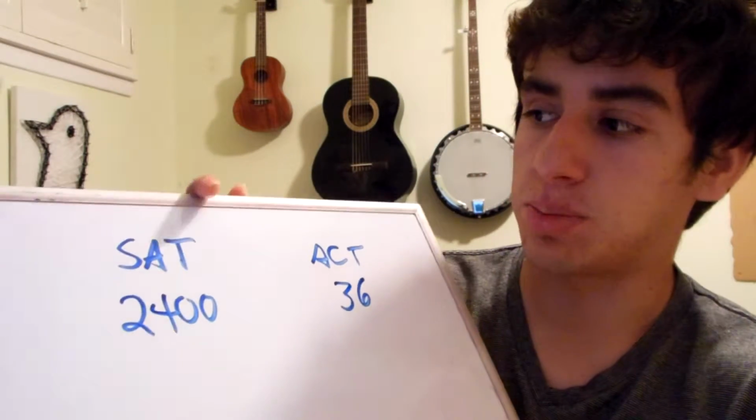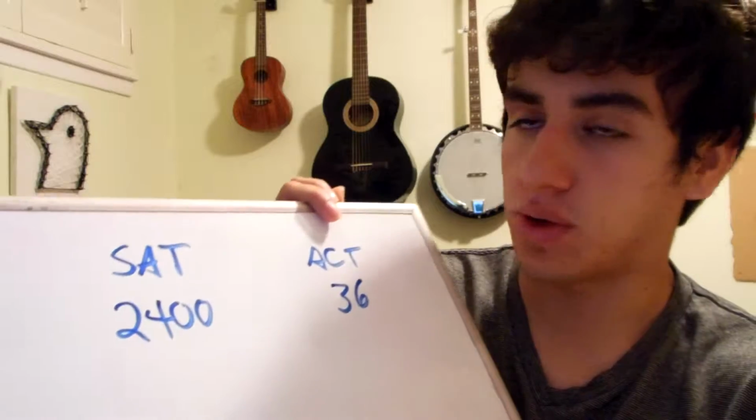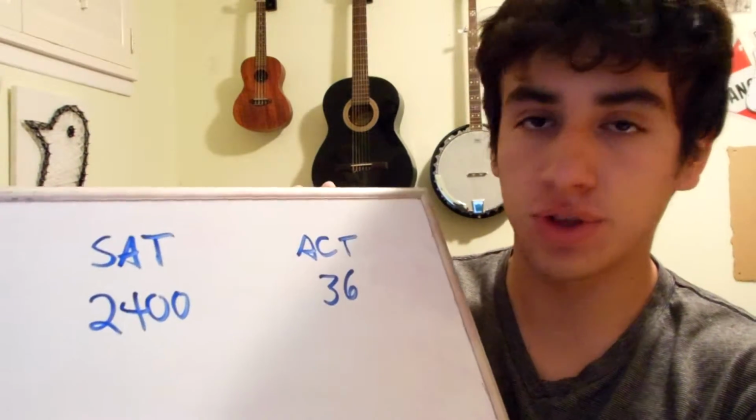I think it's 2400 on SAT and a 36 on ACT. So for these two scores, that's a perfect score for SAT, and that's a perfect score for ACT. So they're obviously really different, but they both do the same thing.